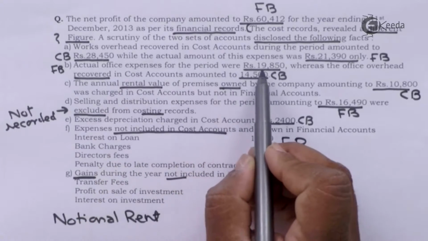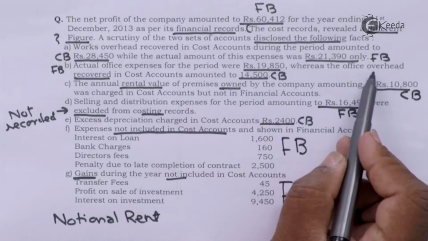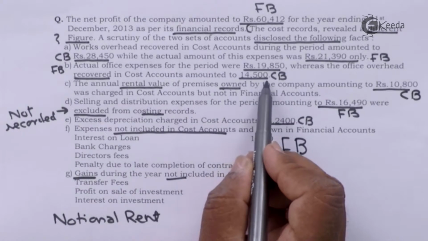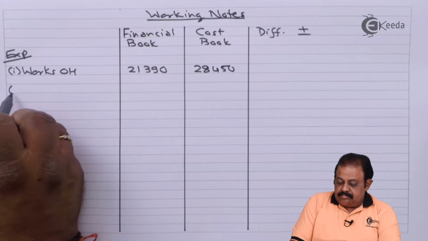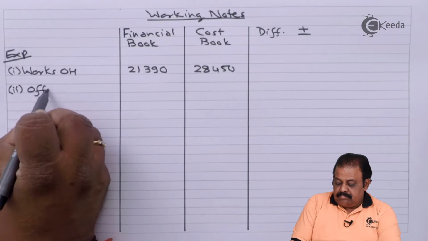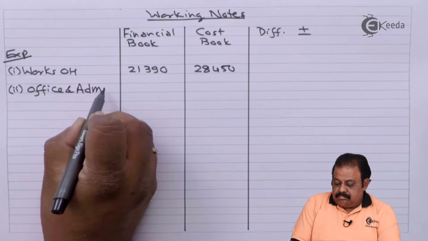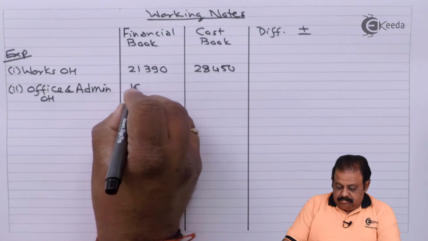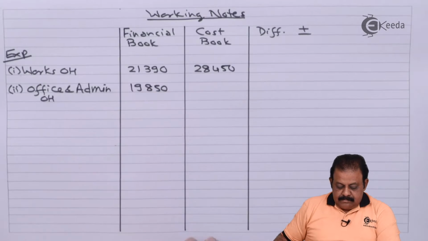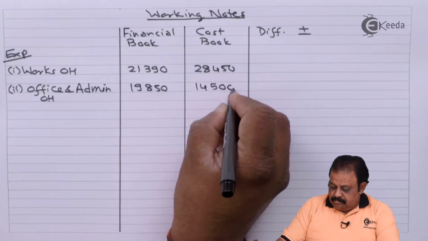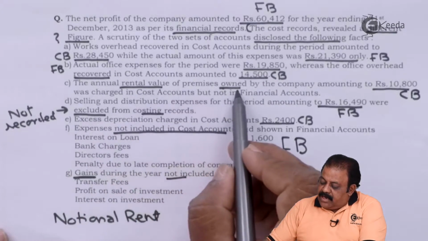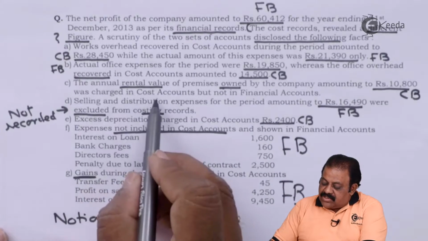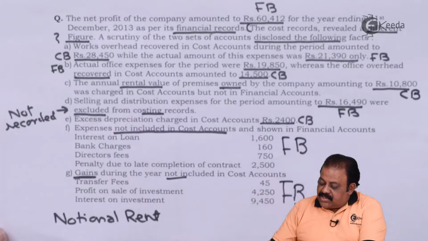Actual office expenses 19,850. In cost book, office overheads recovered 14,500. The annual rental value of premises owned by the company 10,800 was charged in cost account but not in financial account.